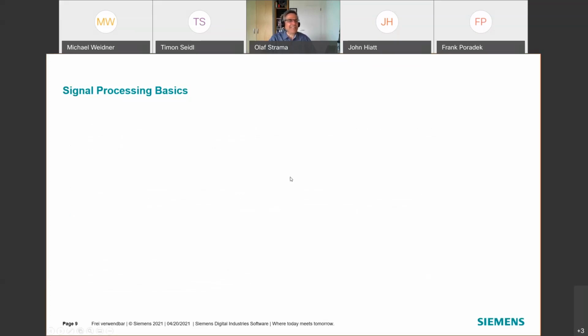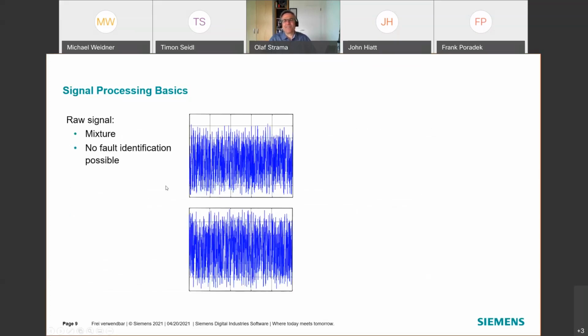Here's a kind of motivation of how it could look if we have only the raw signal. In our case, we have two different signals. We see it's a mixture. No fault identification is possible since both of the signals look quite similar. I'm not able to define any kind of metric in this picture that helps me to distinguish between the upper and the lower picture.